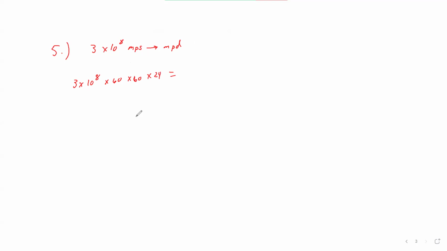And the best approach, if you're trying to do this by hand, is I would do 3, skip this 10 to the 8, and do times 60 times 60 times 24 and see what you get. Oh, did you apply the 10 to the 8?